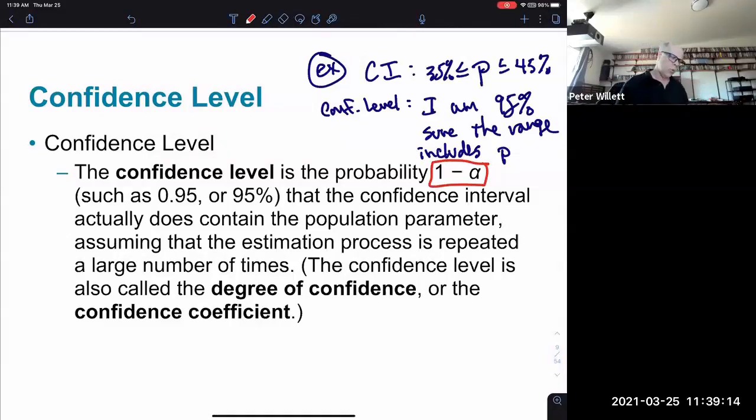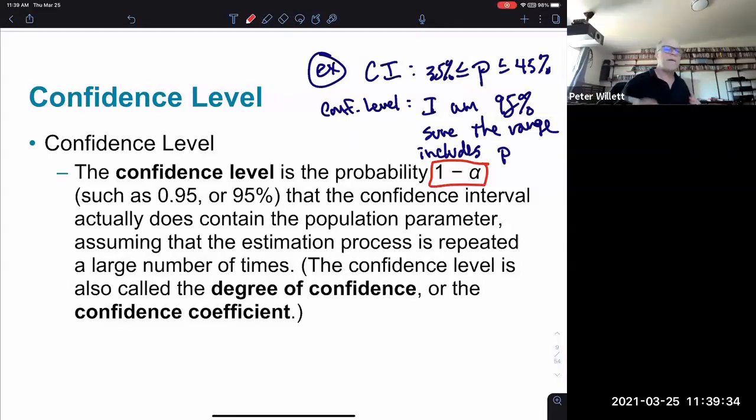And so we are going to be 95% confident, have a confidence level of 95%, when the alpha level is 5%. So you can think of the alpha level as the probability that your prediction is wrong.